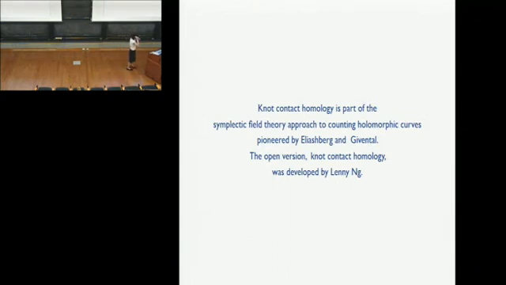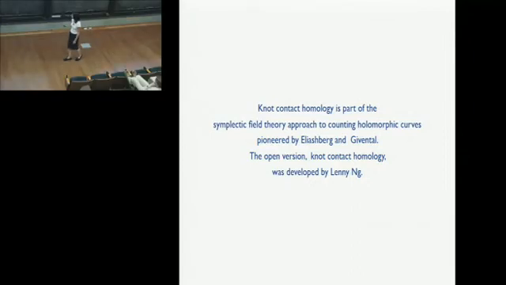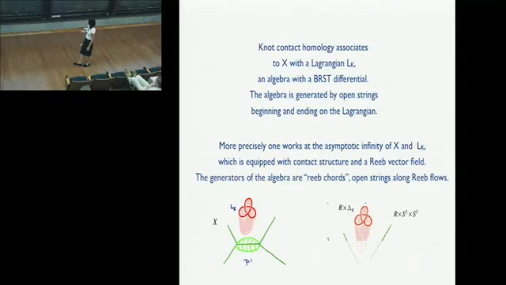Okay, so what's that? I can just give a sketch at best. This knot contact homology is part of an approach to counting holomorphic curves pioneered by Eliashberg and Givental, which goes under the name of symplectic field theory. And its open version, knot contact homology, was developed by Lenhard Ng, and it's designed just for this context, for the conifold.